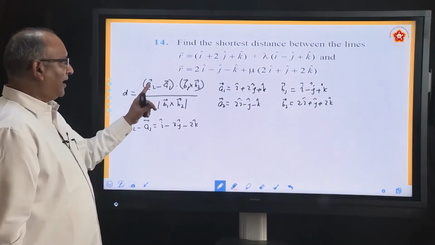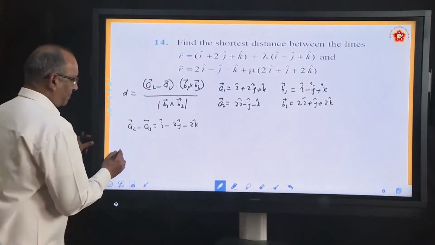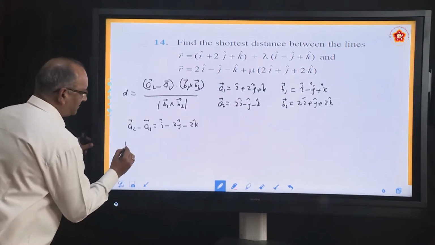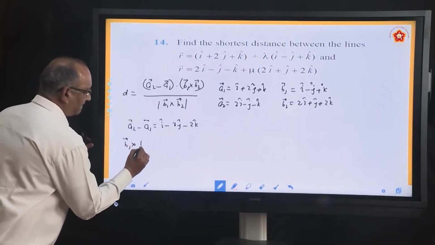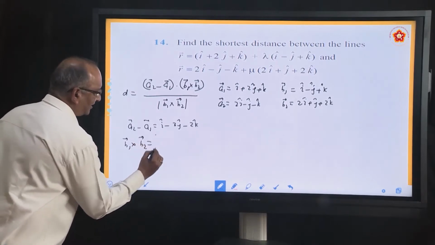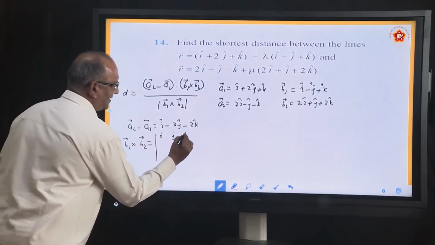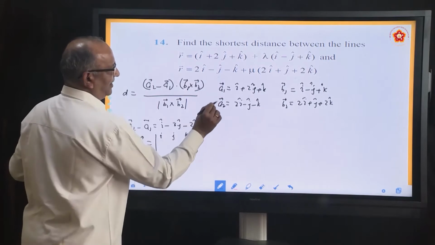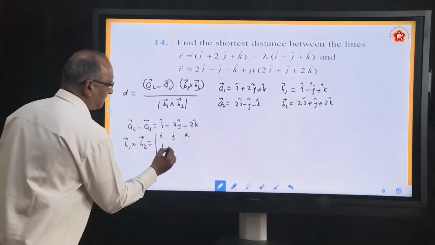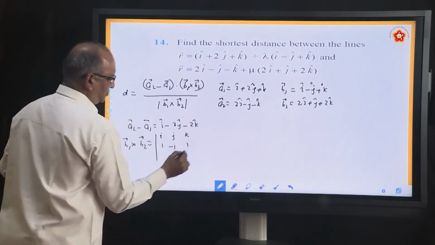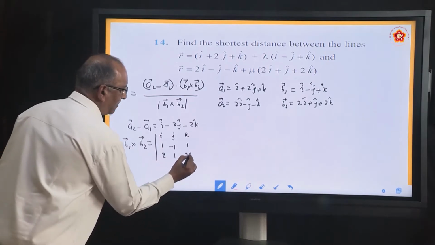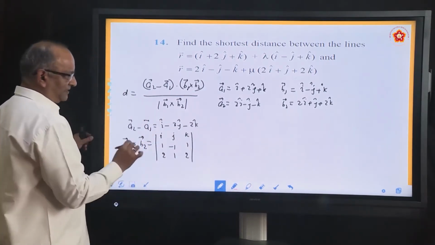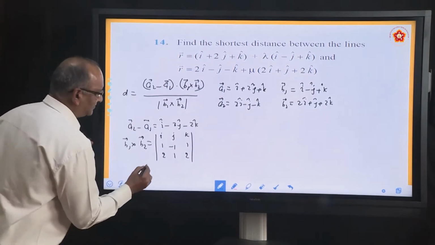Now find out what is B1 cross B2. How do you find B1 cross B2? We have a formula of determinant. What is it? i, j, k, and then write the values 1, minus 1, 1, and 2, 1, 2. Simplify this. If you simplify, you will get the answer.